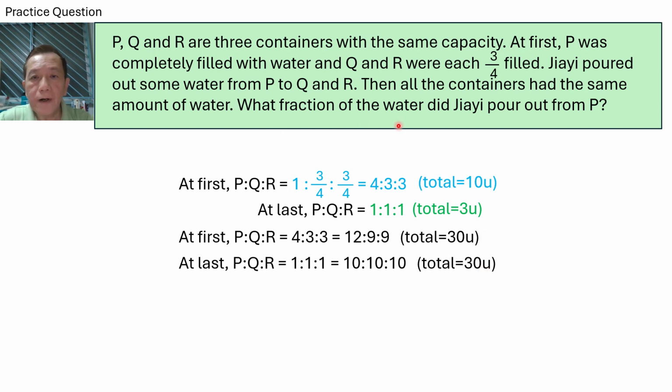What fraction of the water did GIE pour out from P? 12U minus 10U. 2U. Fraction 2 out of 12. Simplest form 1/6.